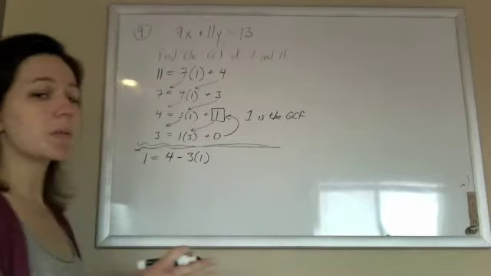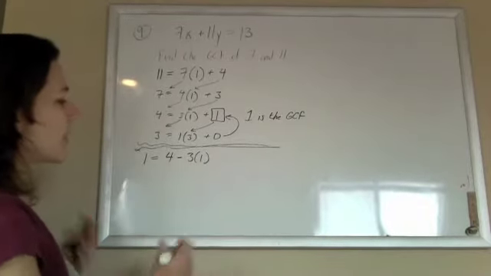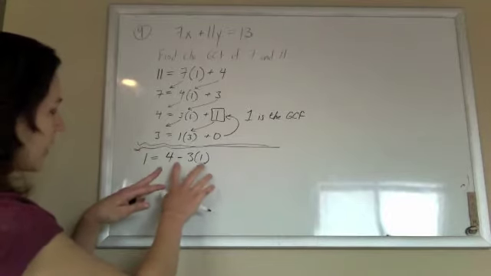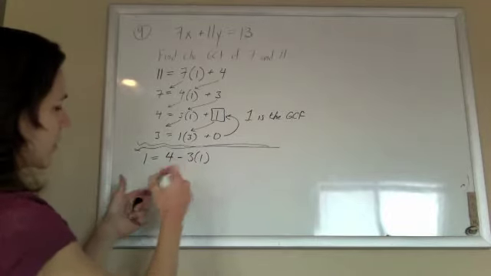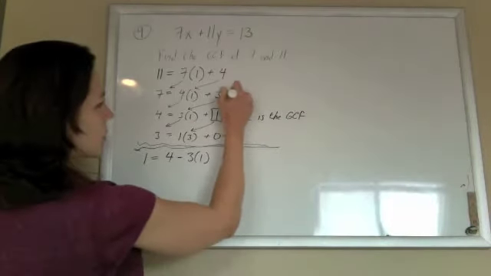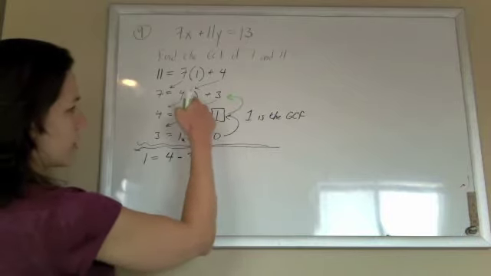And don't bother multiplying anything out. It's so tempting to say 1 equals 1 and then it'd be like, oh, yay, I'm done. But leave it in this form, because now we're going to back this up to 3 and replace the 3 with what it equals.